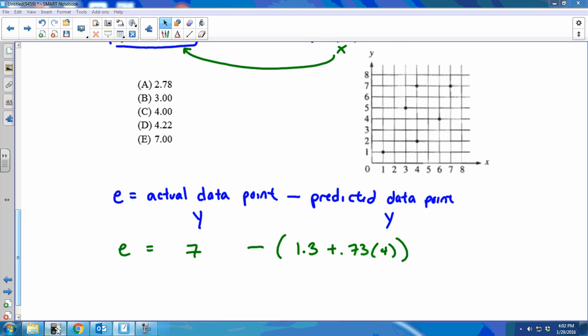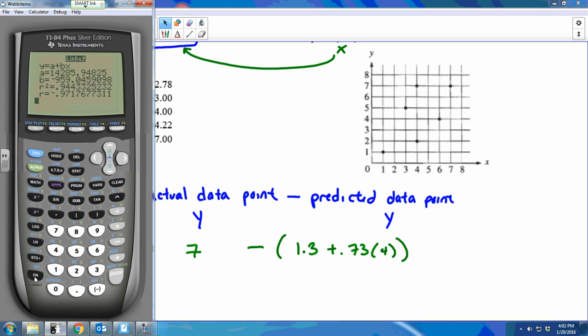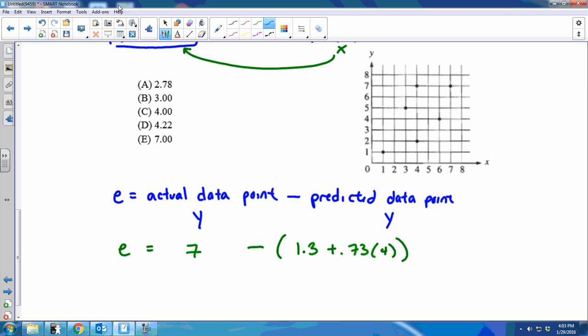So if we do the math, 0.73 times 4 plus 1.3, that's 4.22. And so we do 7 minus 4.22, and we get 2.78. And so 2.78 is choice A.